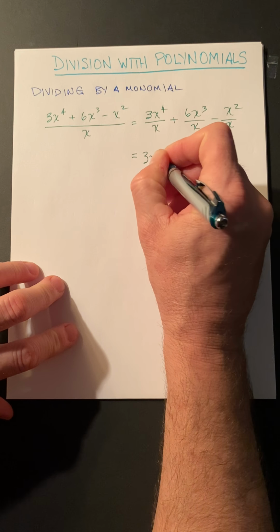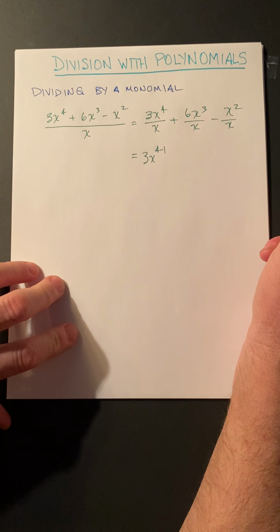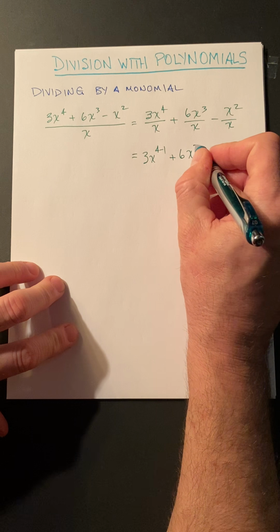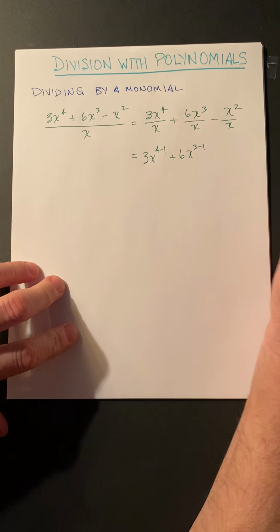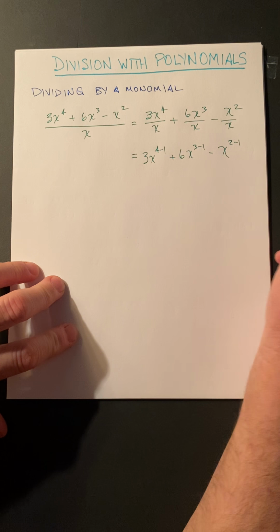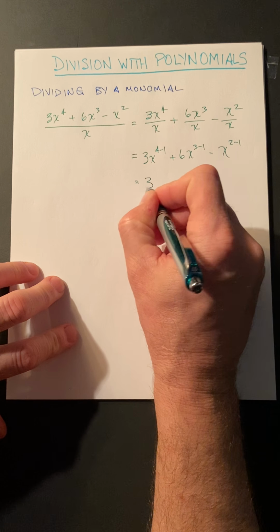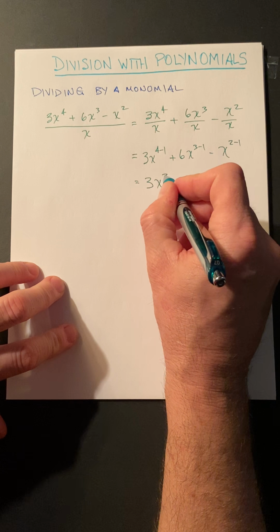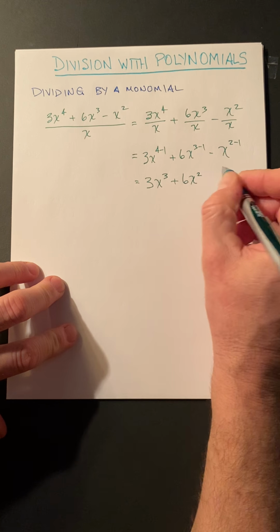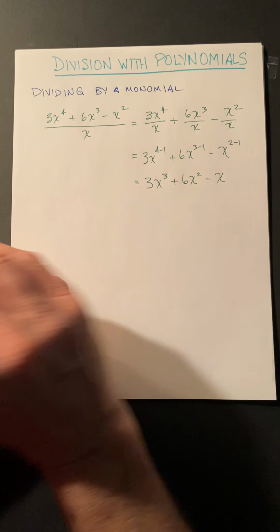So 3x to the 4 minus 1. I move to the next one, 6x cubed minus 1, minus x squared minus 1, for a final result of 3x cubed plus 6x squared minus x.